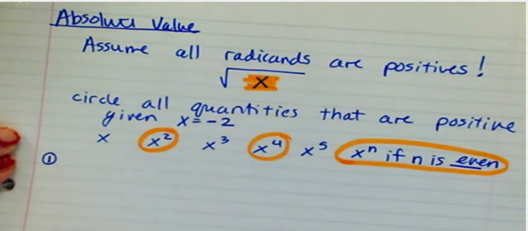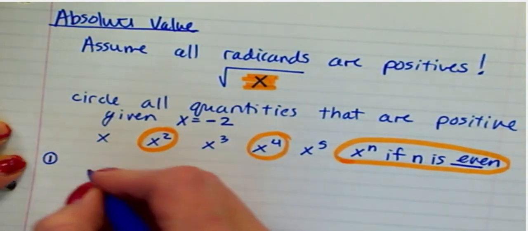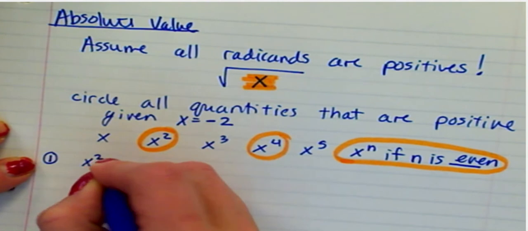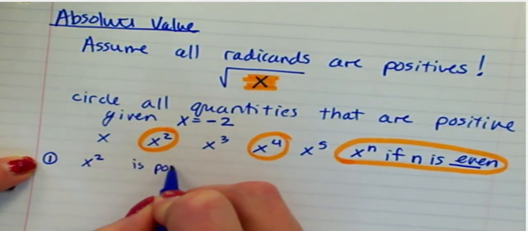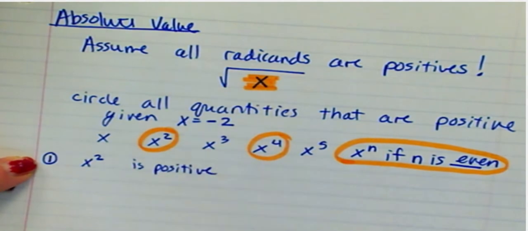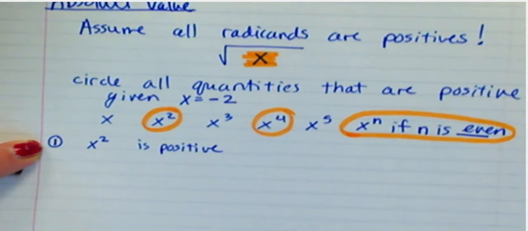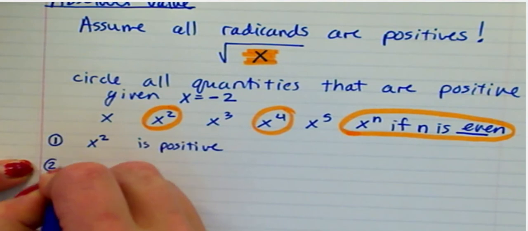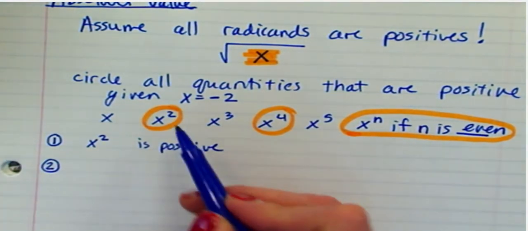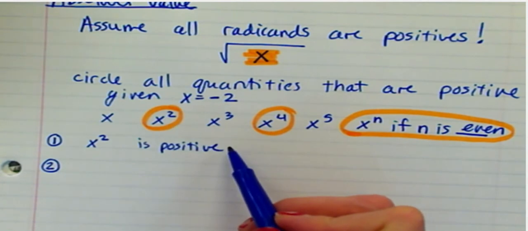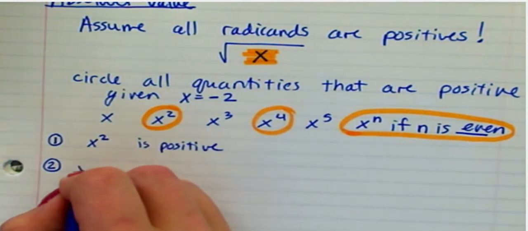Okay, and let's write x squared is positive. Okay? It's a series of questions. X squared is positive. Yes. Okay?